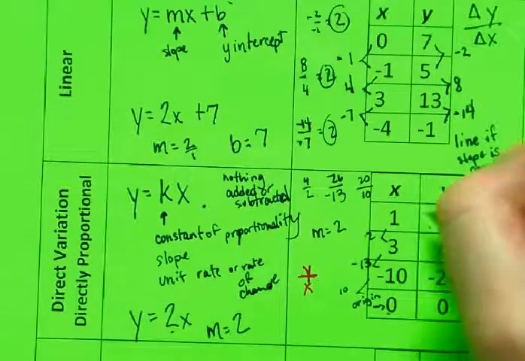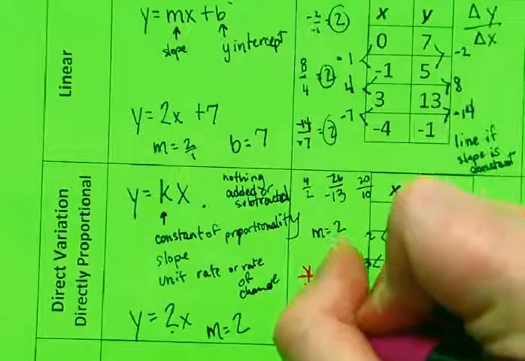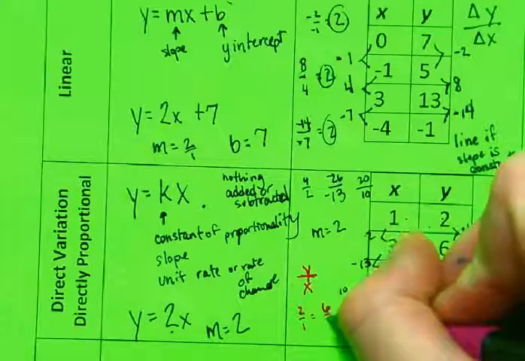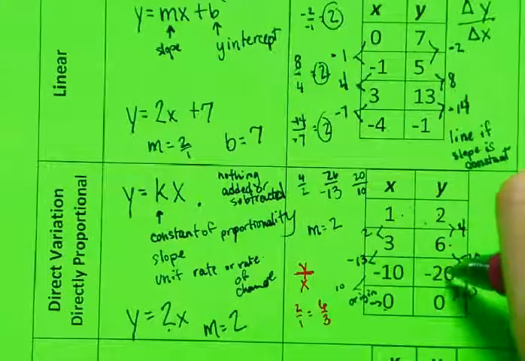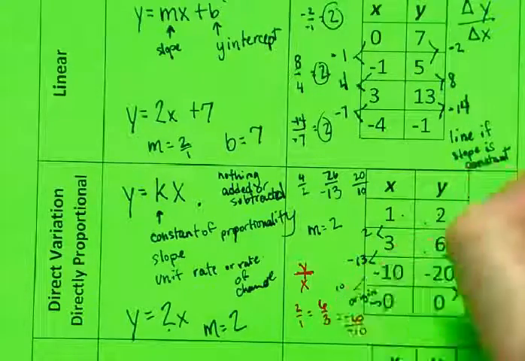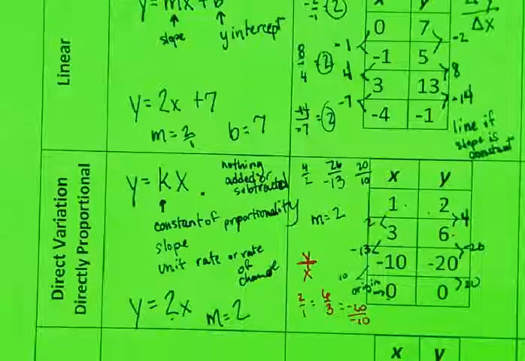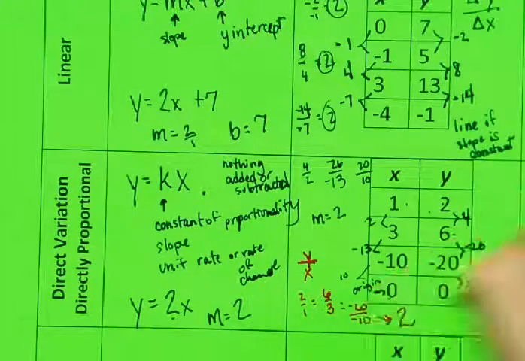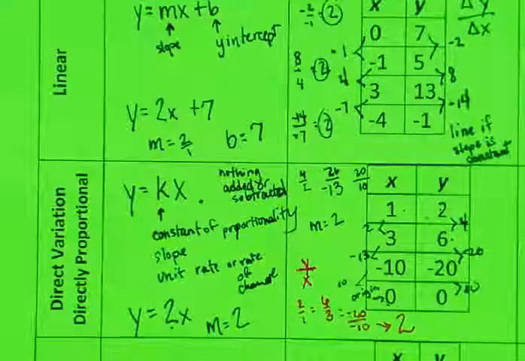So 2 divided by 1 is 2, and 6 divided by 3 is 2, and negative 20 divided by negative 10 is 2. 0 divided by 0 doesn't fit that. Okay, so all of those simplify to 2.